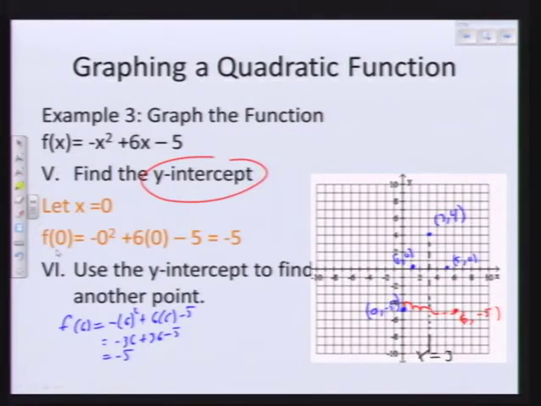And so again, we have that dot there, so we can now draw out our parabola. Sketch it out. And we'll get this coming down here. Yeah, let's clean up that end a little bit there. All right, so we sketch our parabola out.